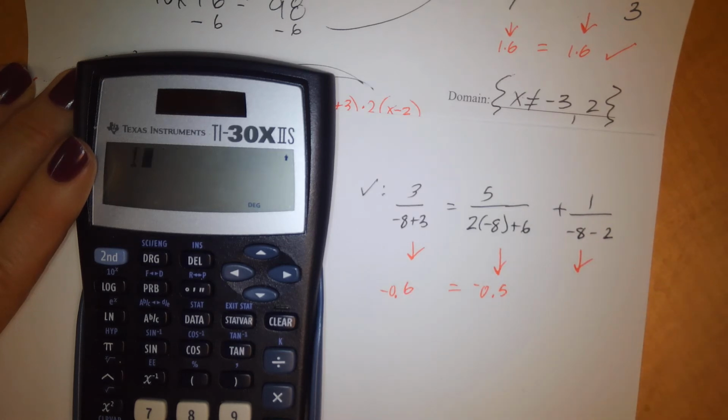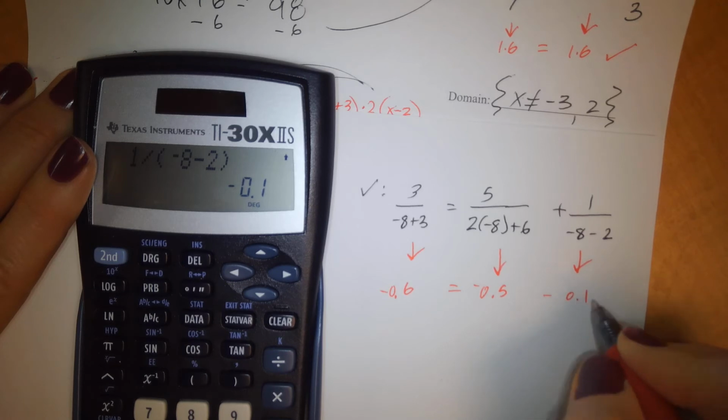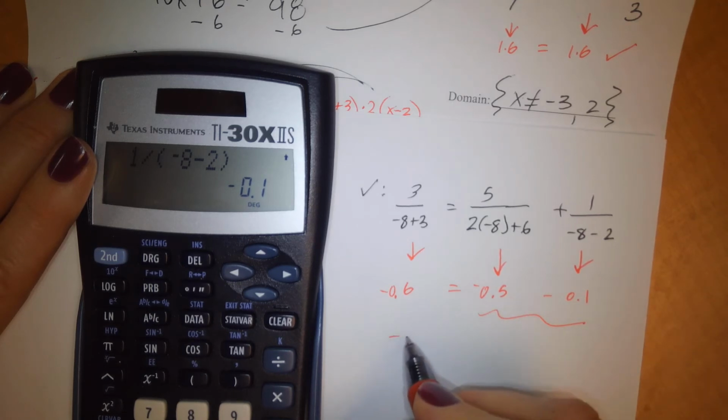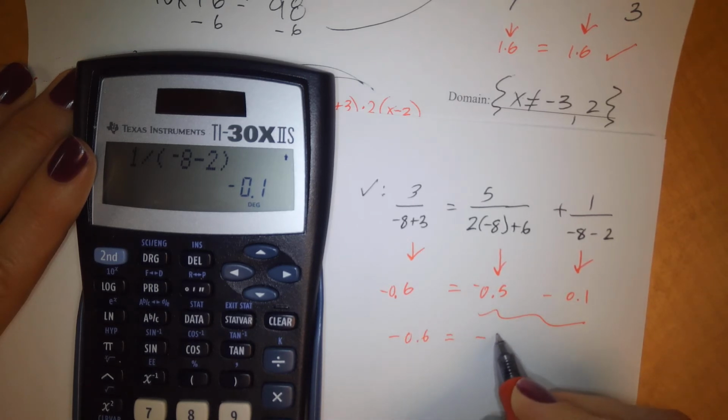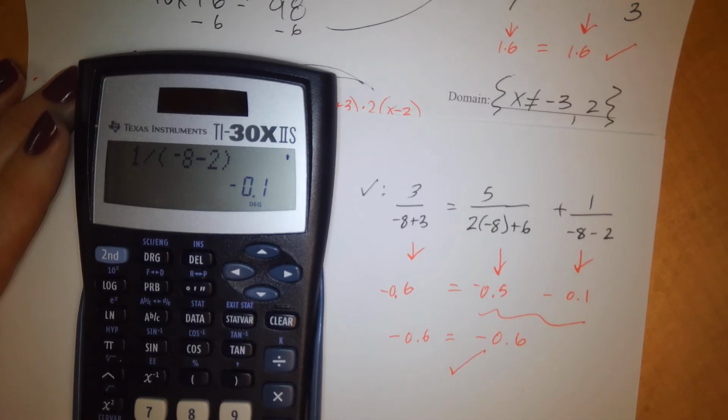This last equation is 1 divided by negative 8 minus 2, which is negative 0.1. And when I add those two things together, you get negative 0.6. So they do, in fact, check.